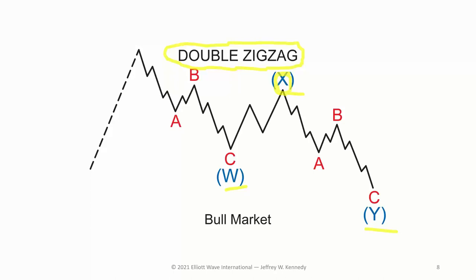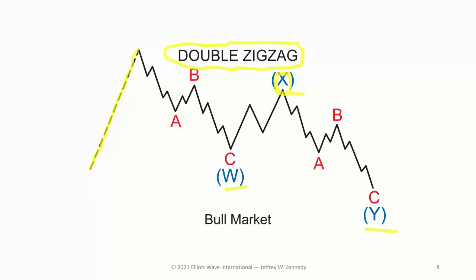But you can also have double threes, or what we sometimes refer to as a combination, where wave W might be a zigzag and wave Y might be a triangle or a flat or some other type of corrective structure. Now, a good gauge of when to look for such a formation is what actually transpired during the preceding advance.